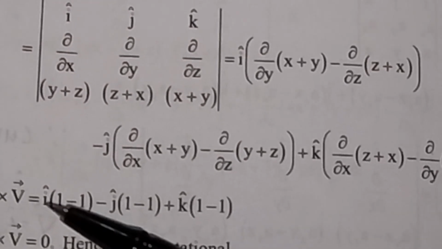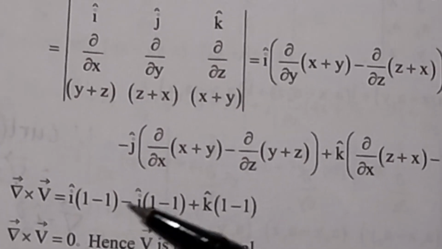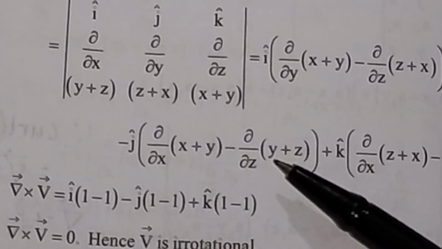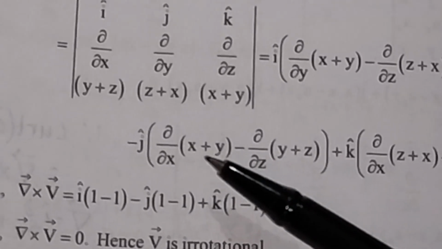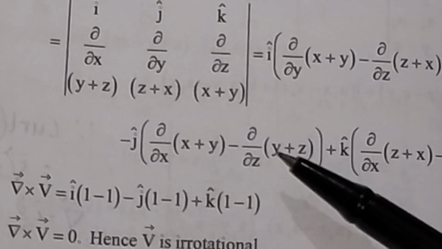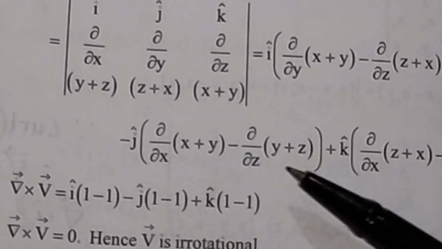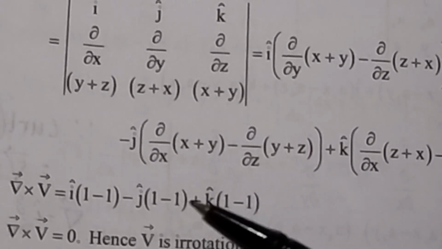So the first term will be equal to i cap (1 minus 1). For the second term, minus j cap, the partial derivative of x plus y with respect to x is equal to 1, and the partial derivative of y plus z with respect to z is equal to 1, so 1 minus 1.